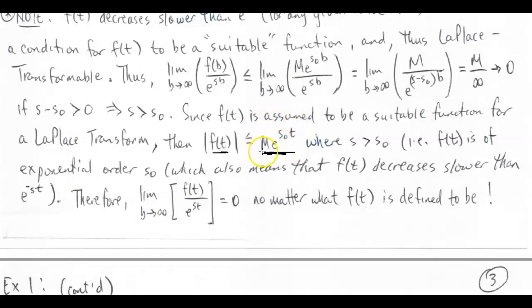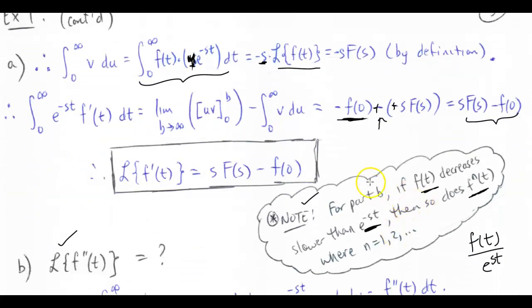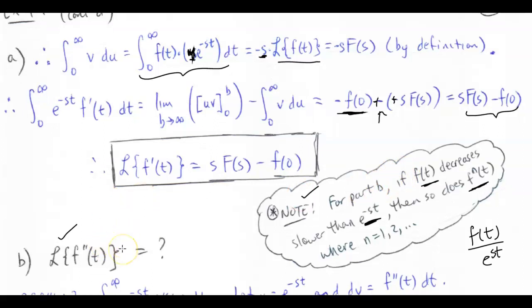So however fast this grows, this has to grow at least that fast or slower. We're going to keep that in mind, and that's going to help us get through the derivation for the second, third, and fourth derivative relatively easily.